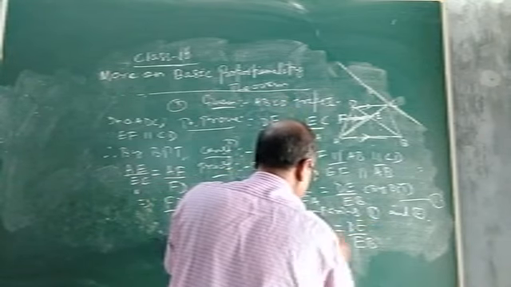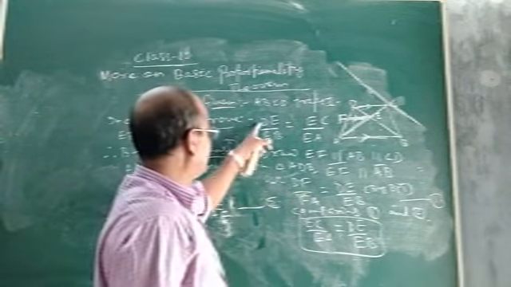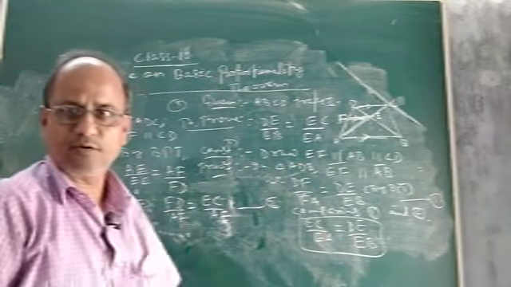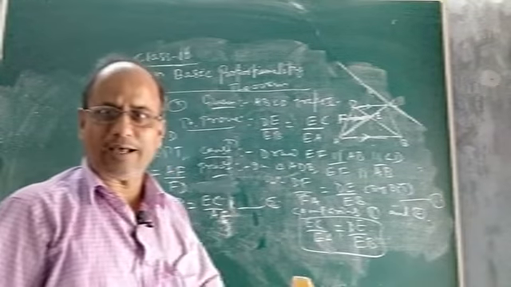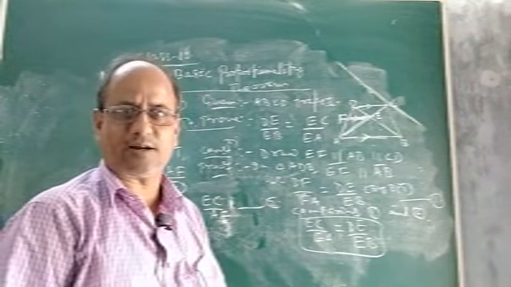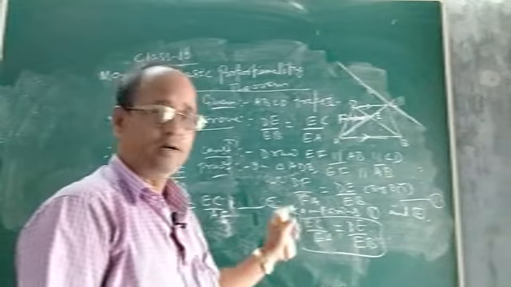You see, this is what we wanted to prove. So we could prove that the two diagonals of a trapezium divide proportionally. That means if ABCD is a trapezium, then its two diagonals will definitely divide proportionally.